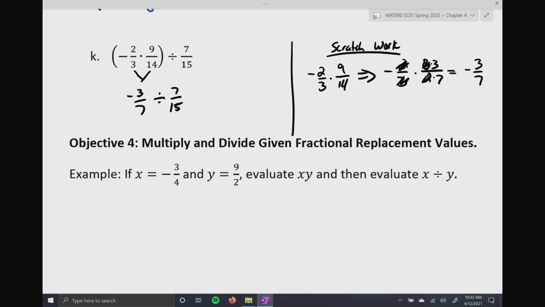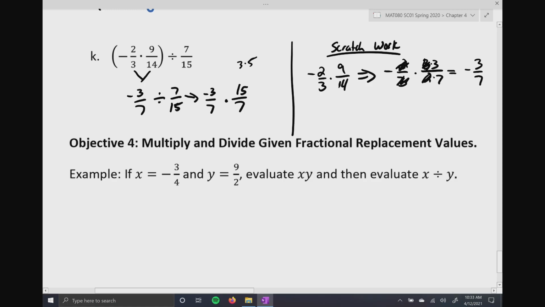Okay. So now that I did the work inside the parentheses, I'm going to go ahead and divide. I rewrite the first. I multiply by the reciprocal of the second. So I look for numbers that are the same in the top and the bottom. Now that 15, you got to remember 15 is really 3 times 5.